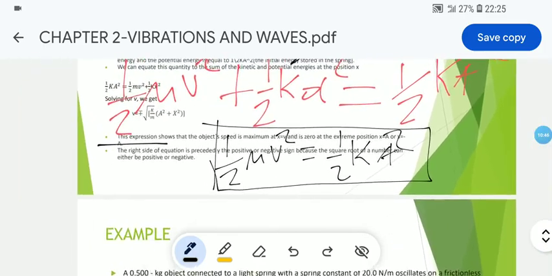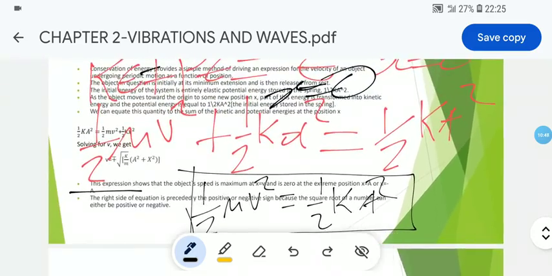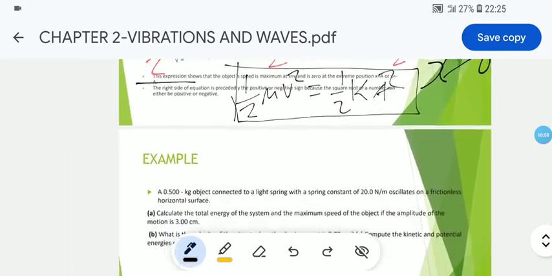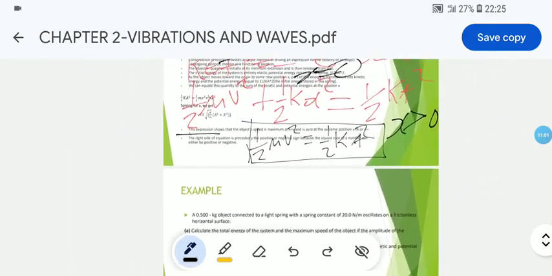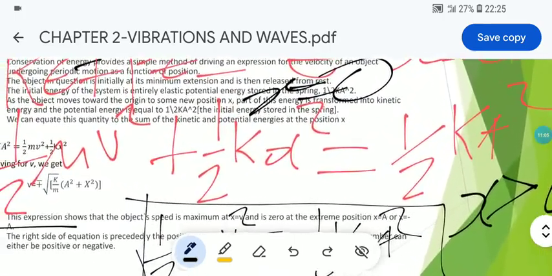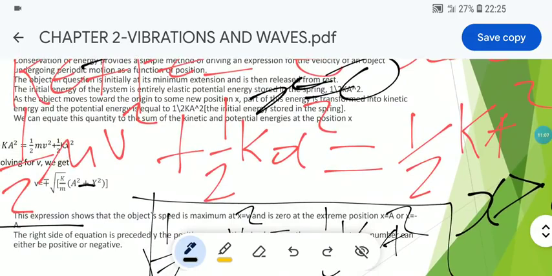But if you are just trying to calculate a velocity at a certain position where x is greater than 0, this is what you're going to get. Here there was an error, there should be a minus sign here.